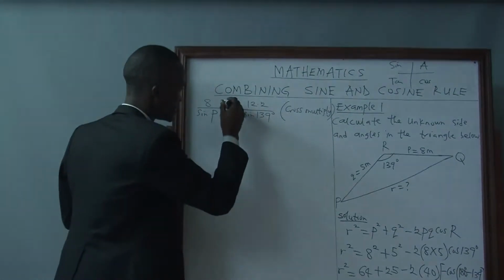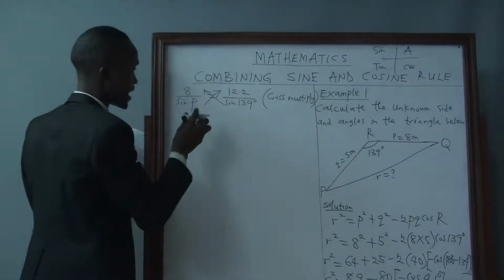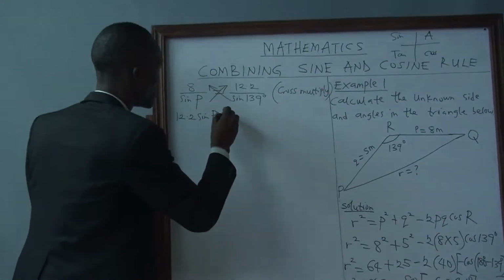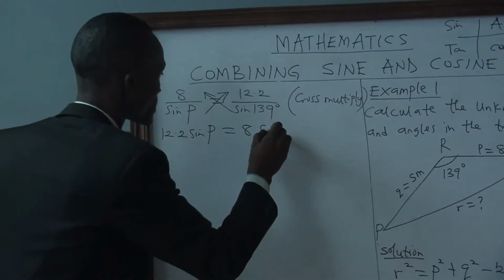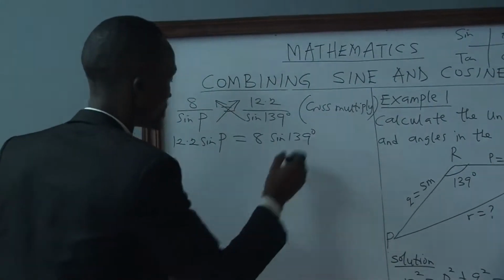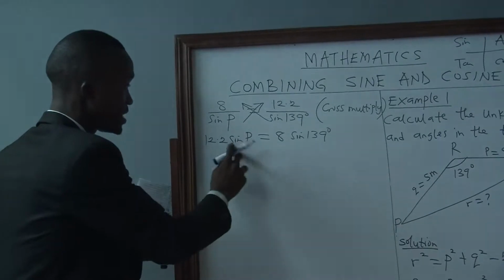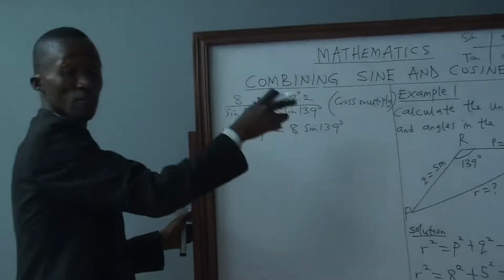This will multiply this, and this will multiply this. So we have 12.2 sine P equals 8 sine 139 degree. We need to get P, but sine P has a coefficient of 12.2.